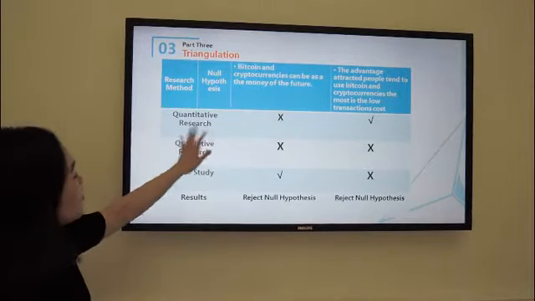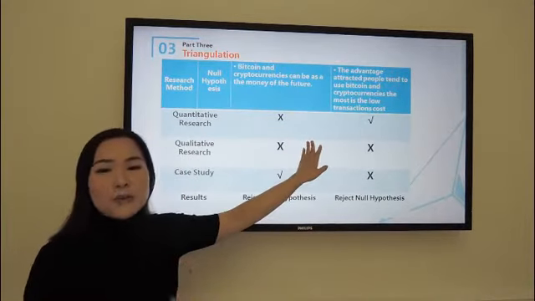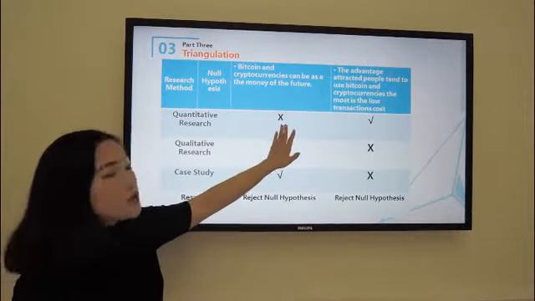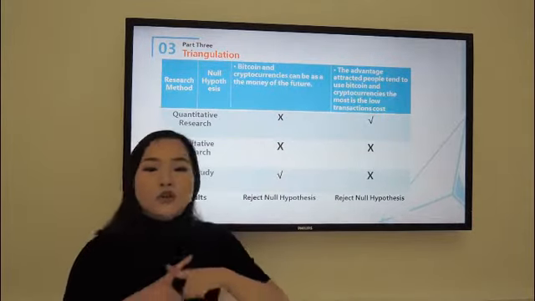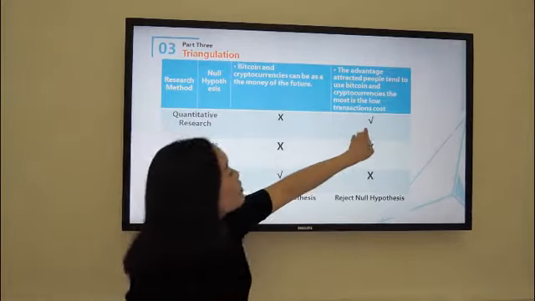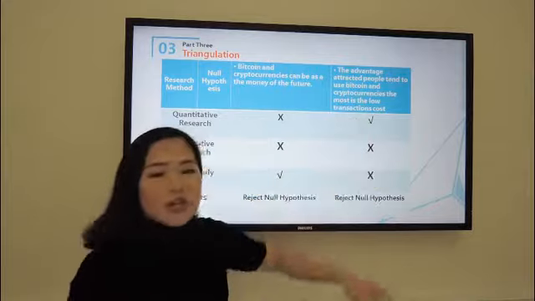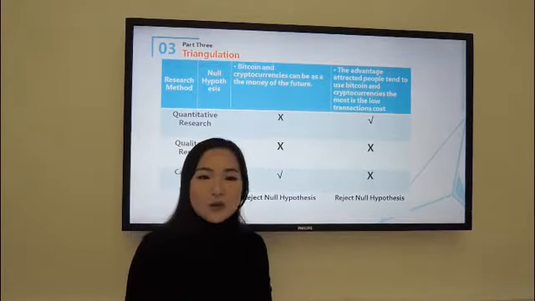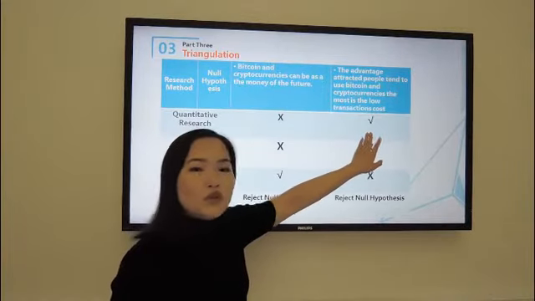In the quantitative research method, my survey, 50% of people still keep an uncertain opinion about the future development of cryptocurrency. So in this case, we're going to give it a cross. And for the second one, that people use Bitcoin and cryptocurrency for the low transaction cost, we do have the data to support it: almost 50% of people think this is one of the most useful features of Bitcoin.